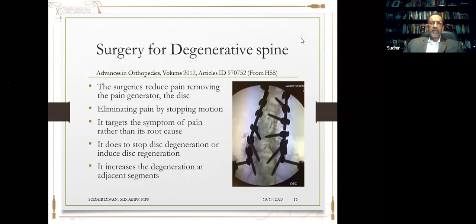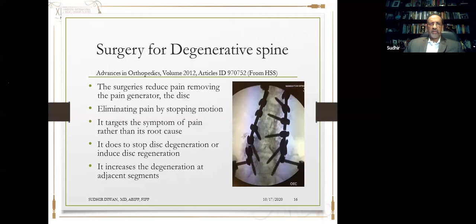If you focus on the treatment of this issue, the most common treatment right now, supposed to be the gold standard, is surgery. But the problem with surgery is that it doesn't really focus on the root cause, which is degeneration. It does help for symptomatic relief.